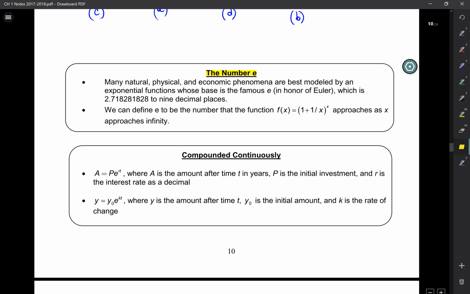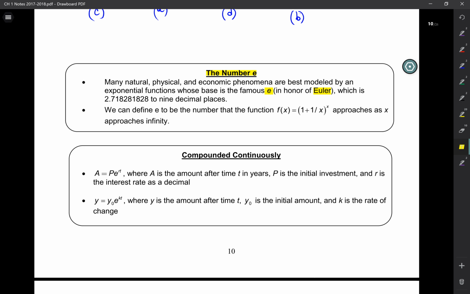Okay, so speaking of the number e, so many phenomena are modeled by exponential functions, and their base is this famous e. It's called e after the mathematician Euler. That's how you pronounce that. Euler. Okay?